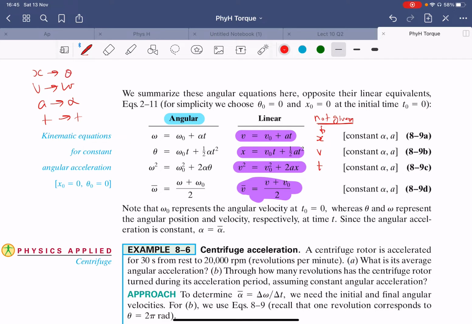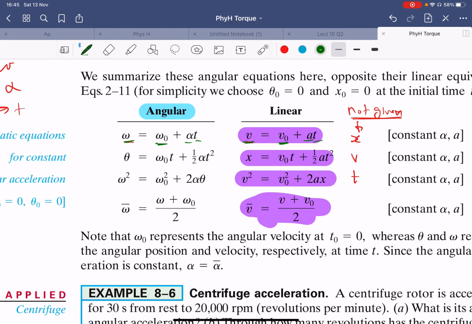So let's change this to omega there, right? You change V final to omega final, and the initial velocity you make omega initial, and acceleration changes to alpha. T remains the same. Here, even this X is converted to theta, VI is omega I, T remains the same, half remains the same, and A is alpha, right?